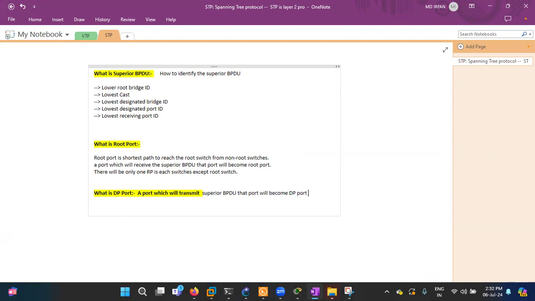DP port means designated port. Note, all the ports in the root switch will be DP ports. Clear? And one more thing.